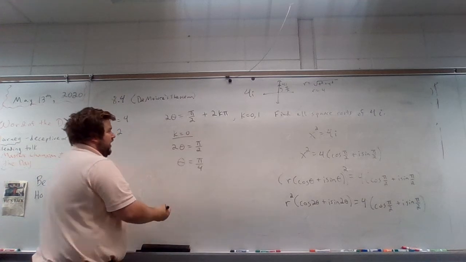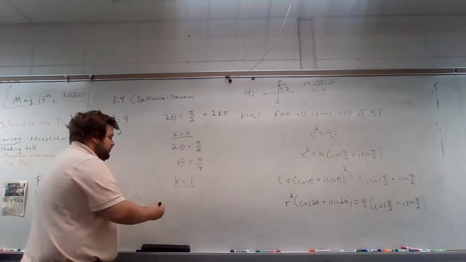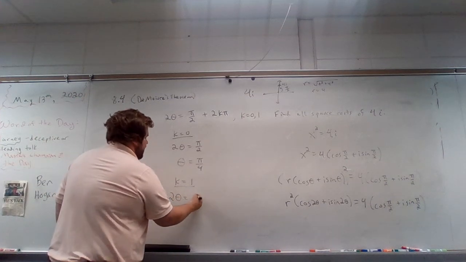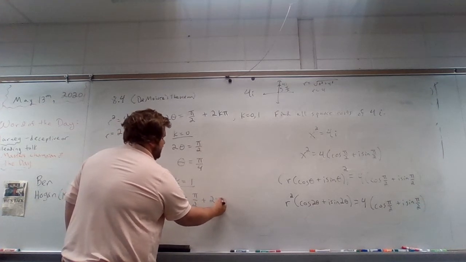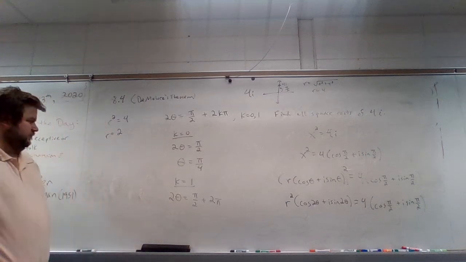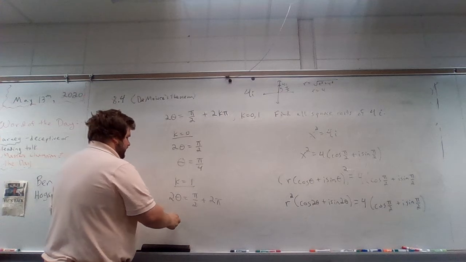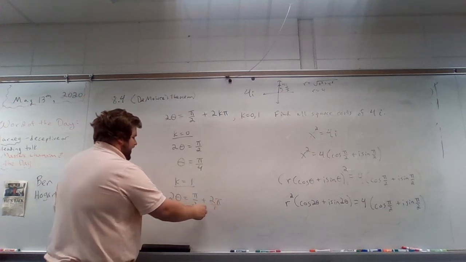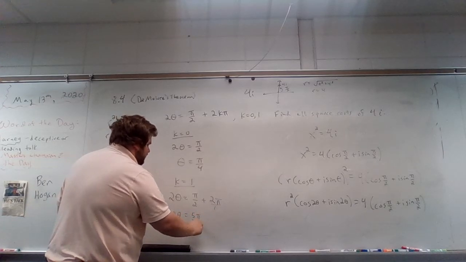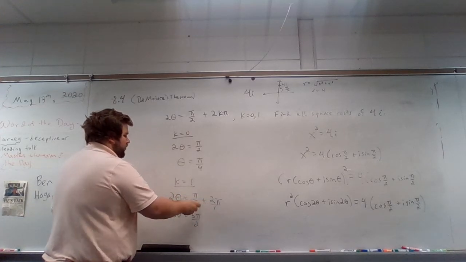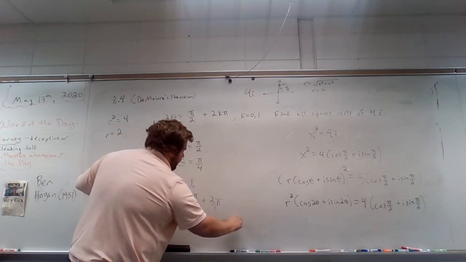For the other one, k is 1, and I would get 2 theta is equal to pi over 2 plus 2k, and k is 1, so this is really just 2 pi. And then I would add these. So if I add those two, this would be 2 theta equals 5 pi over 2. 4 pi over 2 plus pi over 2 is 5 pi over 2. Multiply by half. Theta would be 5 pi over 4.